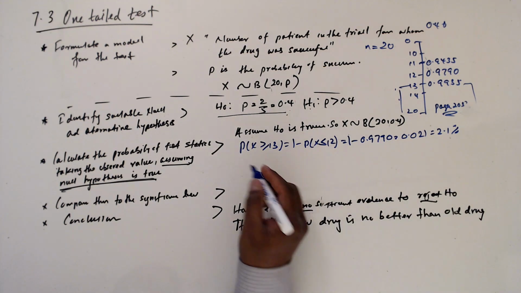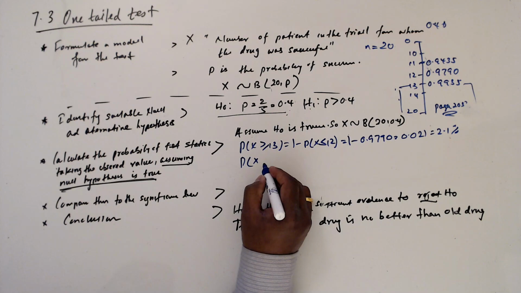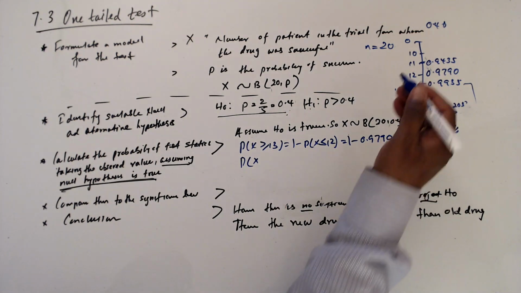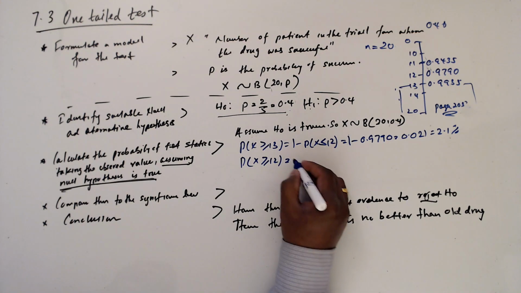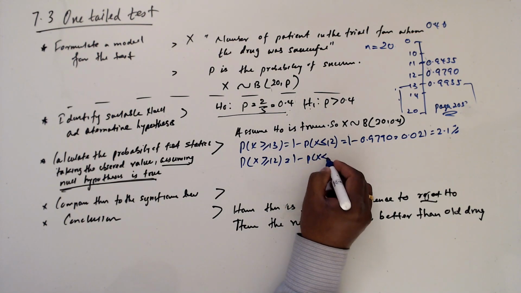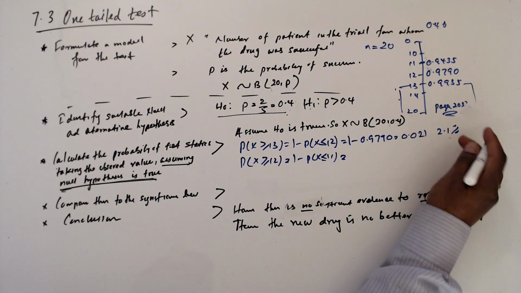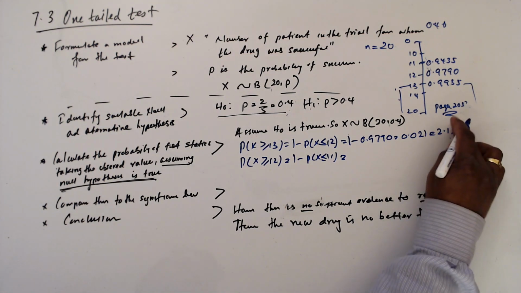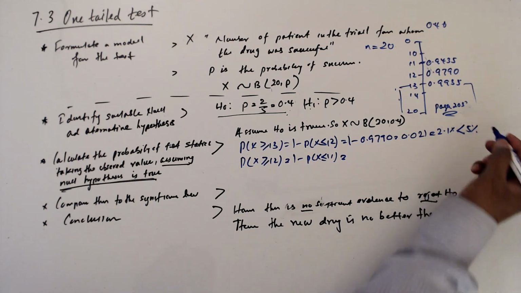Yes, we'll stay with that. Now the probability of x, we go one further, 12. Then 1 minus the probability of x less than or equal to 11. The 13 case gave 2.1%, which is less than 5%.